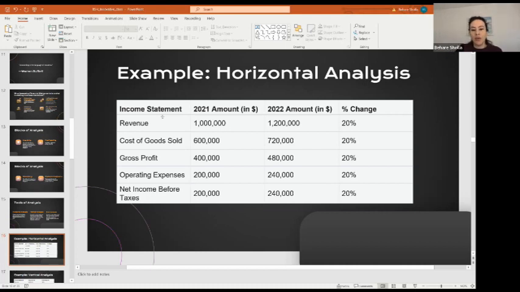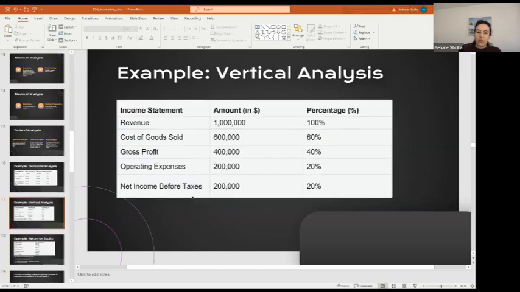And we have here the income statement. Like we discussed previously, here we have the gross profit, which is the difference between the revenues and the cost of goods sold. And then we have the net profit before the taxes. We go to the vertical analysis, and here is the same income statement, but here you can see that the next positions are presented as a percentage of the revenues.